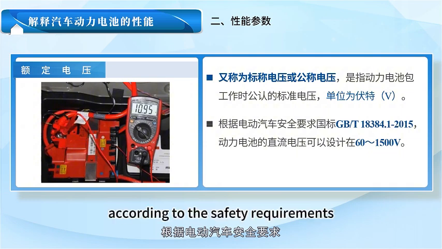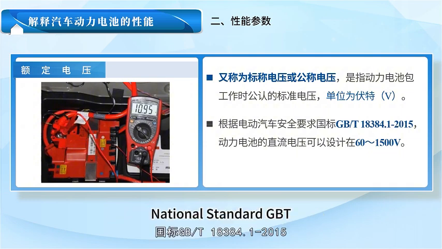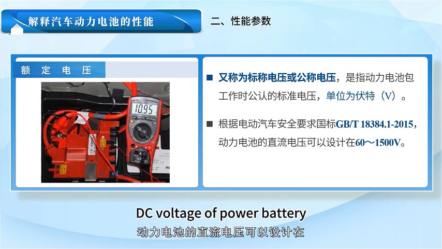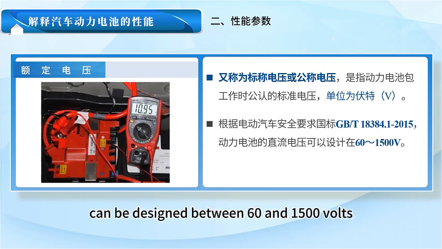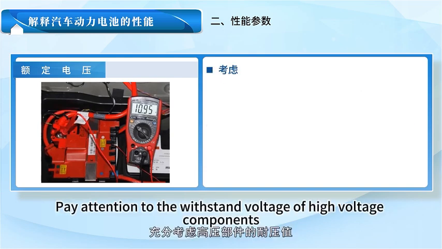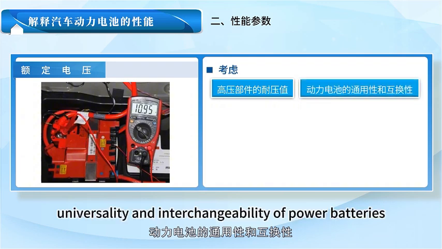According to the safety requirements of electric vehicles, National Standard GB/T 18384.1-2015, the DC voltage of a power battery can be designed between 60 and 1500 volts. Pay attention to the withstand voltage of high voltage components, and the universality and interchangeability of power batteries.